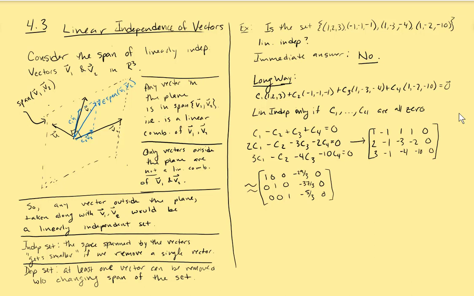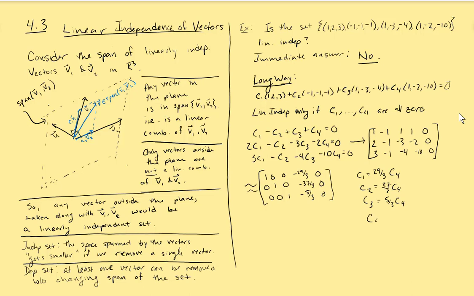And notice if we unpack this, it says C1 equals 29 thirds of C4. C2 equals 37 thirds of C4. C3 equals 5 thirds of C4.